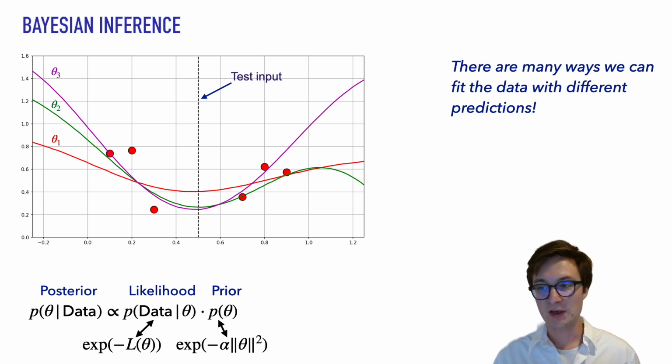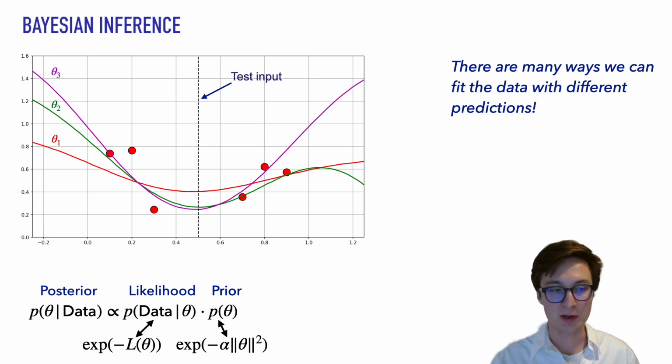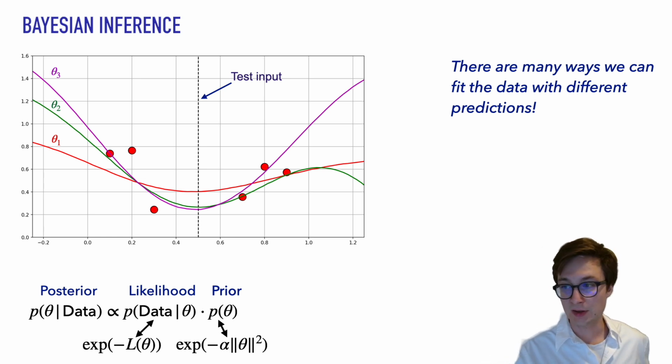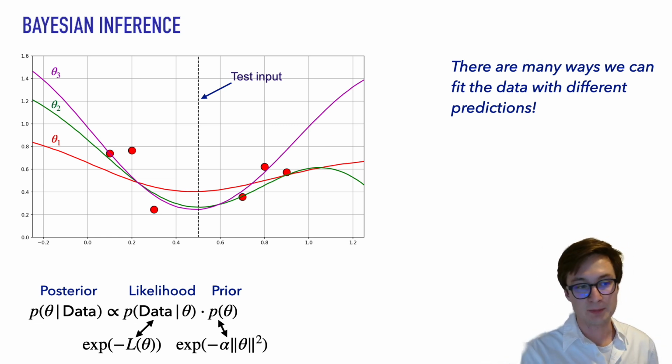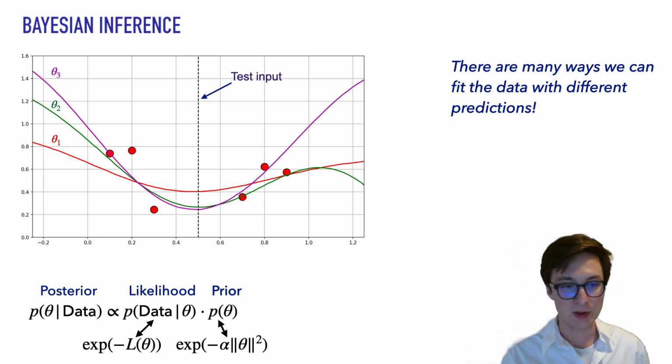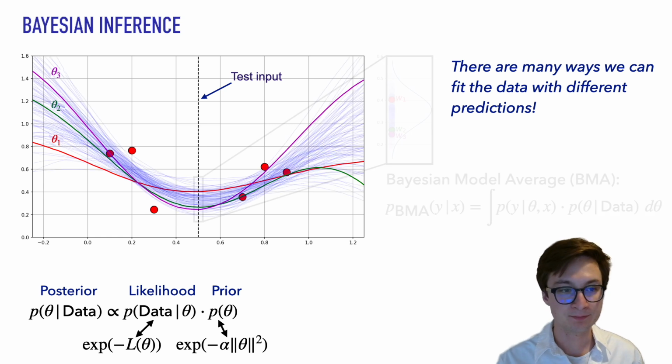So basically, the likelihood corresponds to the loss, and the prior corresponds to a regularizer. We'll talk more about this connection later. And so instead of just optimizing the product of these two things, we get a whole distribution over the parameters.